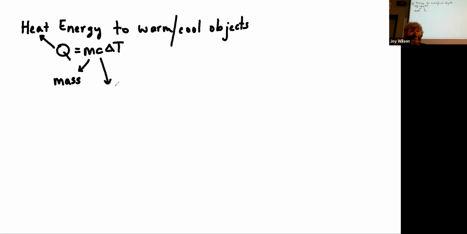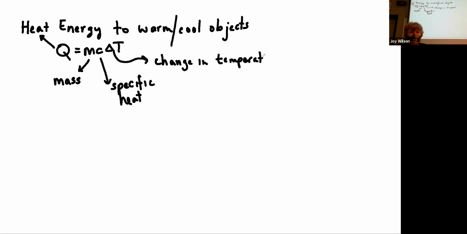C is one you probably don't know. It's the specific heat. And delta T is change in temperature. So we're going to write these all down, then we're going to do a problem or two. So that's the first big skill we're going to pick up today, hopefully.